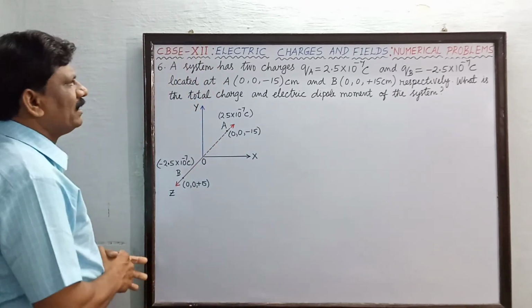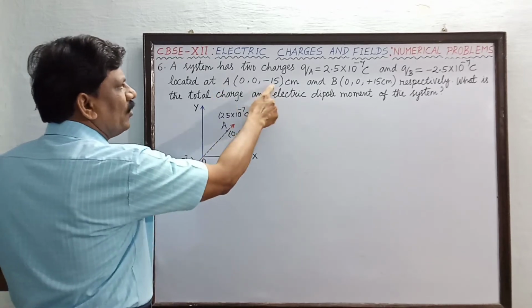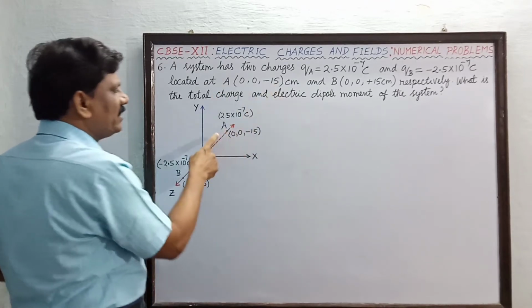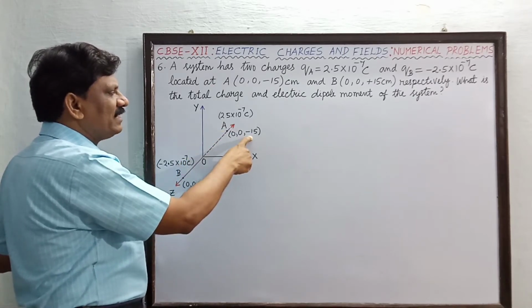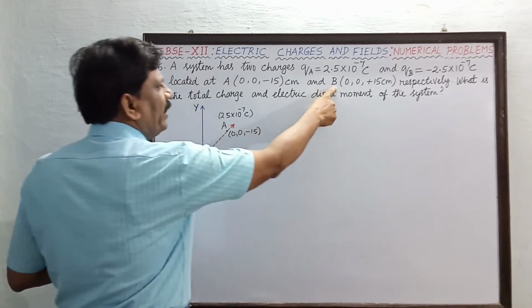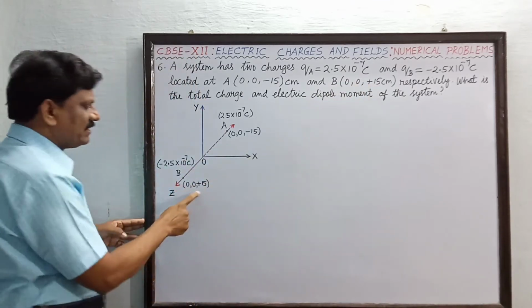Now you see here the z coordinate of A is minus 15 centimeter. So this is point A, this is minus 15 centimeter, and at point B it is plus 15 centimeter.